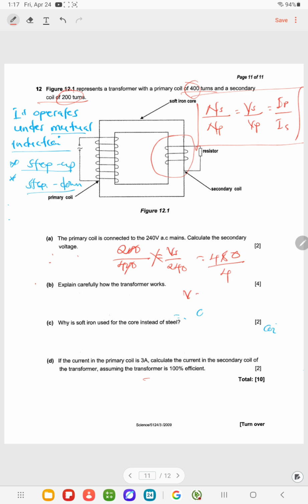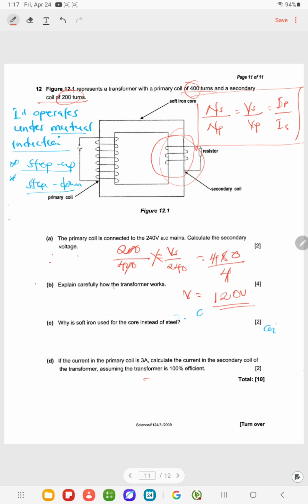What are we getting? Our V is equal to what? 4 into 4 is 1, 4 into 8 is 2, 4 into 0 is 0. So the answer is 120. You can predict either by looking at the number of turns; the ratio of the number of turns will give you the answer to the voltage very fast. So it was reduced from 240 to 120 volts.